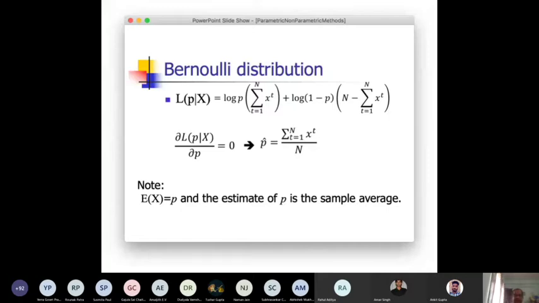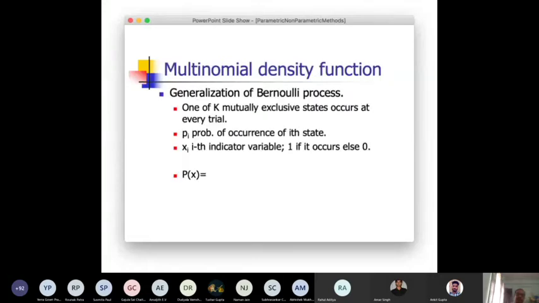That we'll discuss subsequently. But one thing that you note is that finally the parameter p, which is also the expectation of x, is the sample average. So the sample average is the corresponding estimate.